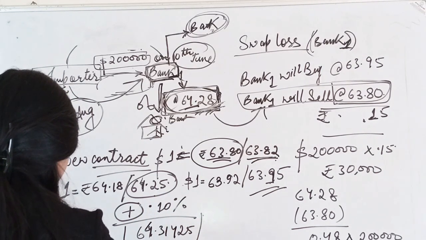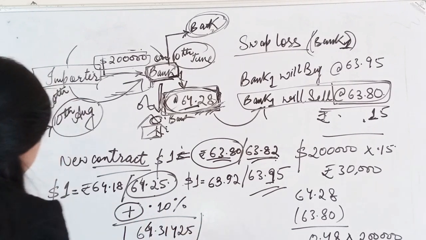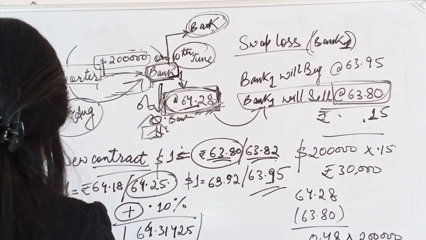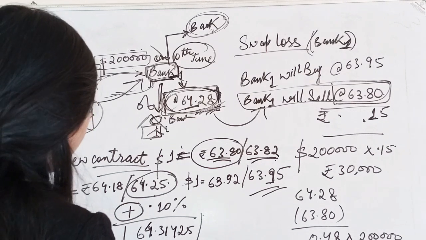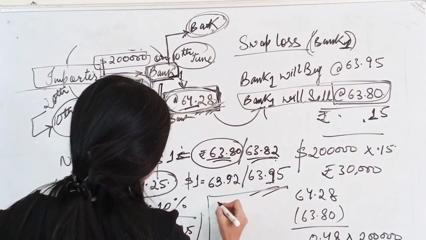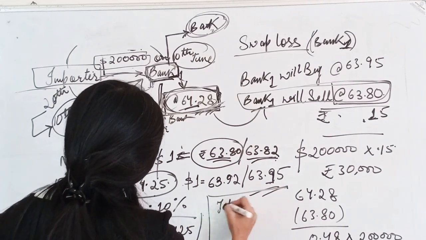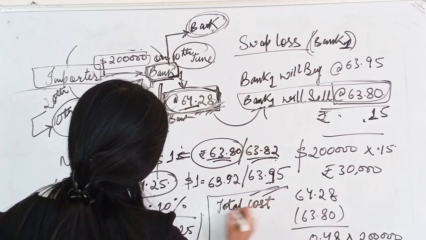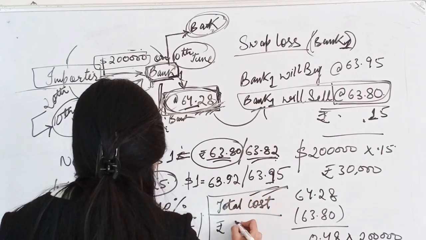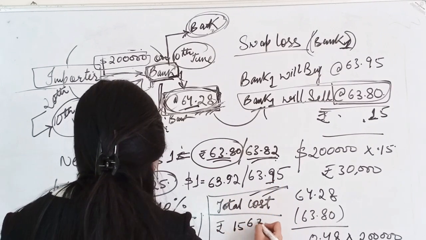Okay. So now the last part of the question is total cost. We have found out the amount payable on cancellation. Total cost: the amount payable on cancellation, which was given in part 2, that was 156,740.